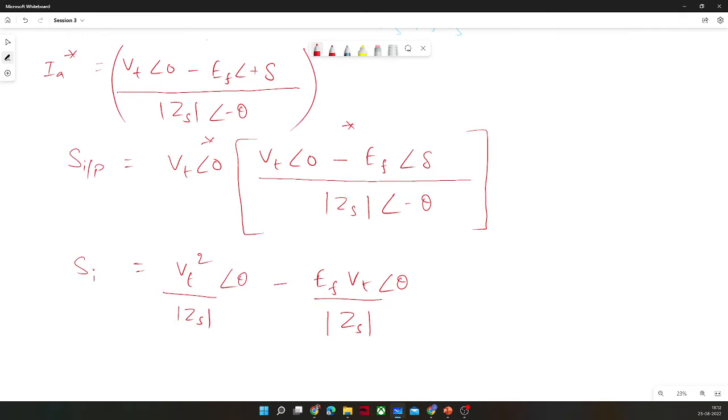So this was the input apparent power. After that, delta plus theta. Okay, I missed the delta, thanks. Delta plus theta.